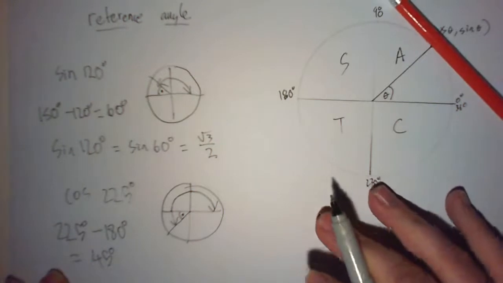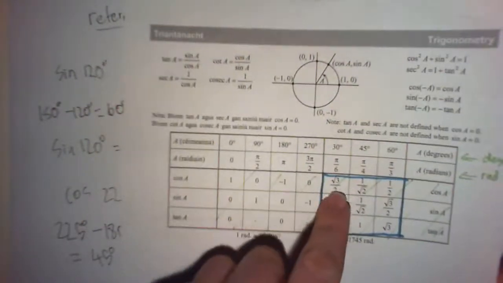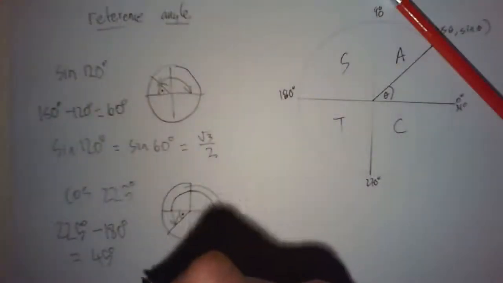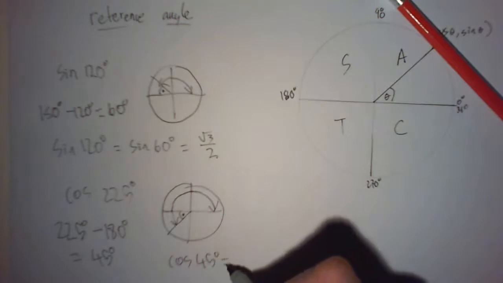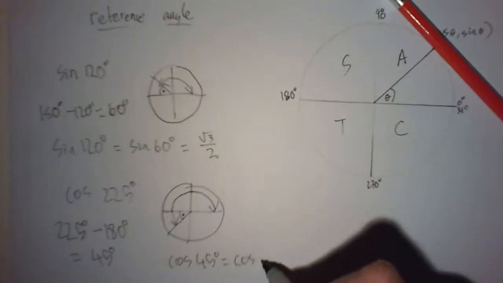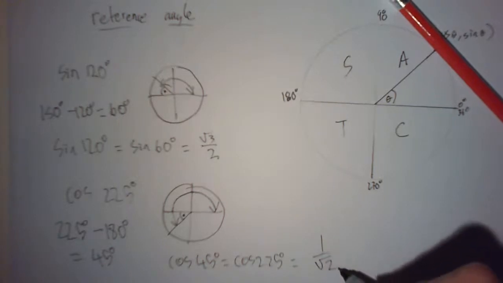Now I'm going to look up the cos of 45, and it's 1 over root 2. So the cos of 45 degrees is equal to 1 over root 2. And listen, if you don't believe me, we'll check it out. Here's a calculator.